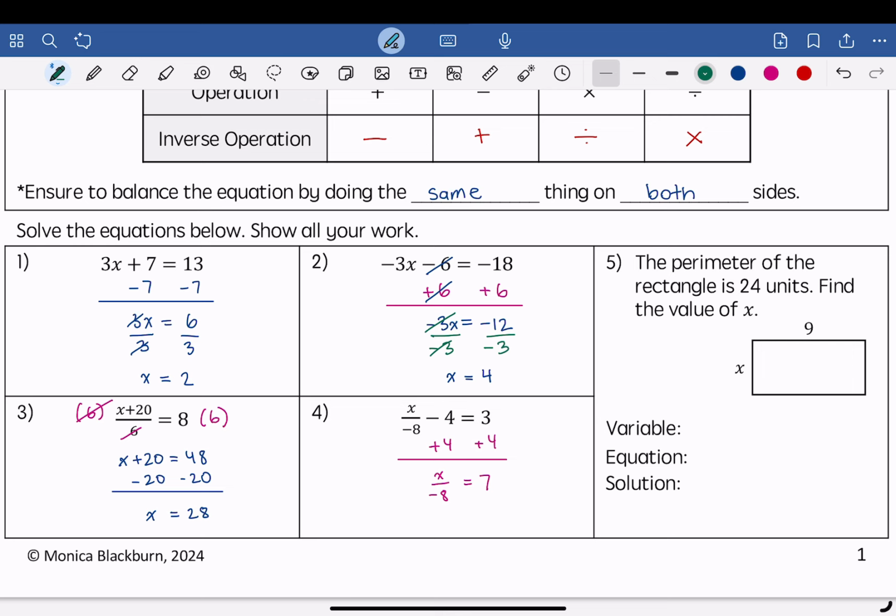And now I'm going to multiply both sides by negative 8 to eliminate the negative 8 in the denominator. I'll multiply 7 times negative 8, which is equal to x. 7 times negative 8 is negative 56.